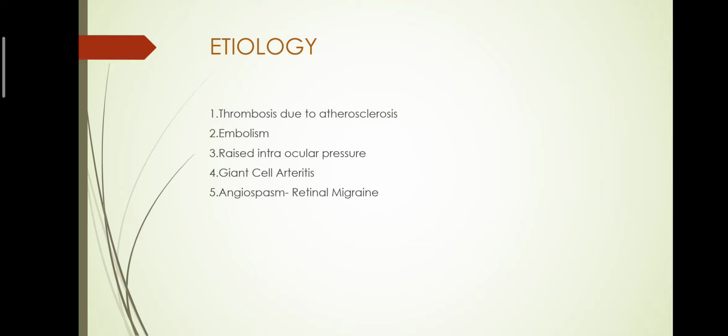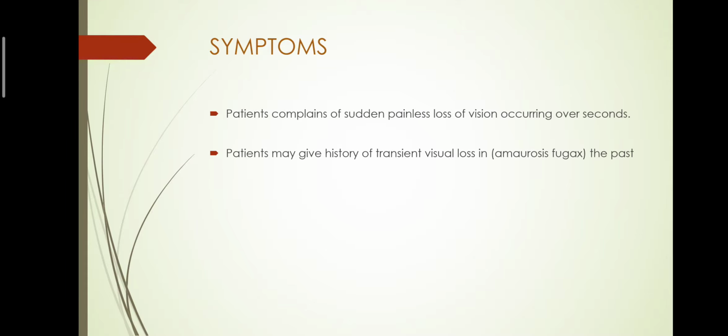Other relatively common risk factors are raised intraocular pressure or certain vasculitides like giant cell arteritis or polyarteritis nodosa, and very rarely angiospasm in case of migraine. All this can lead to central retinal artery occlusion, but the most important risk factors are thrombosis in case of atherosclerosis or embolism.